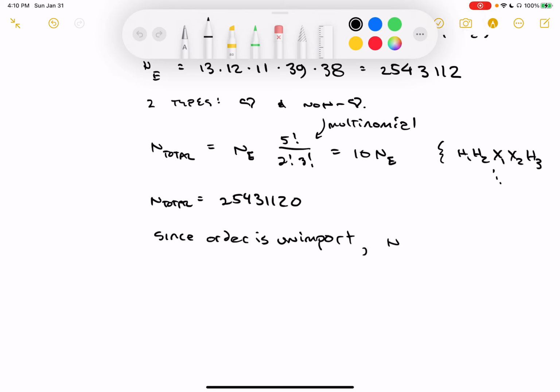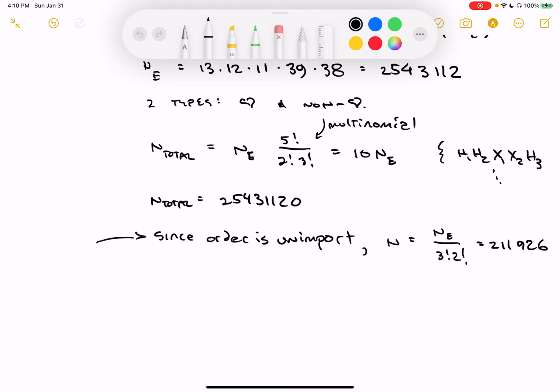We know that the n that I'm interested in is going to be more along the lines of this NE divided by 3 factorial, 2 factorial. There's 3 factorial ways of doing those hearts, and 2 factorial ways of doing the non-hearts. And if you carry out that operation, I get 211,926. Okay, so different ways of thinking about counting.